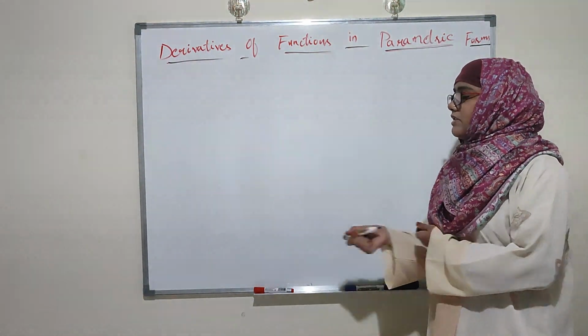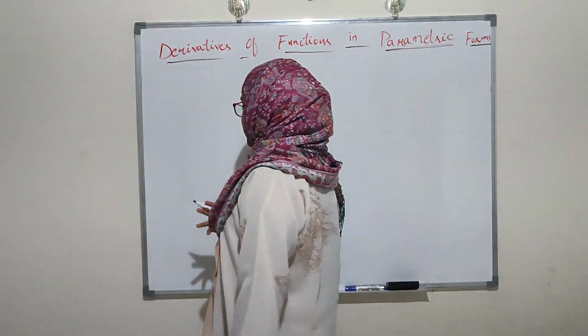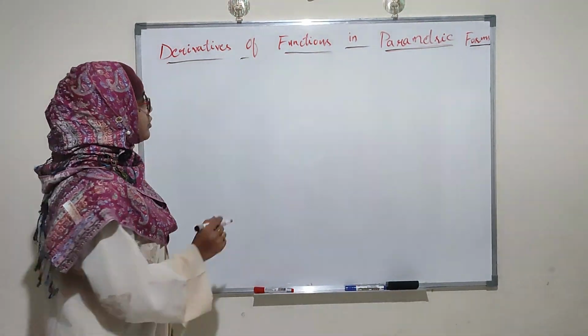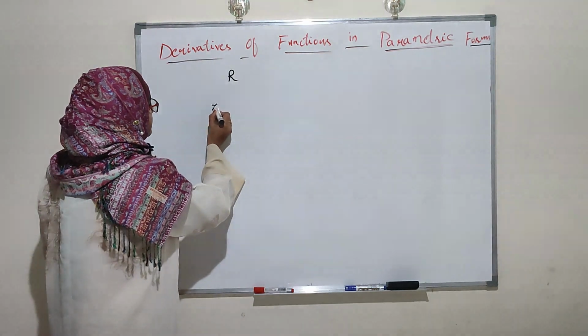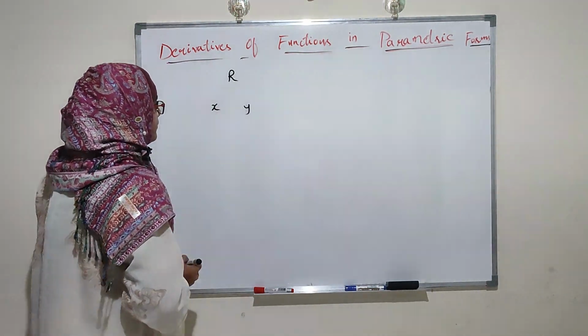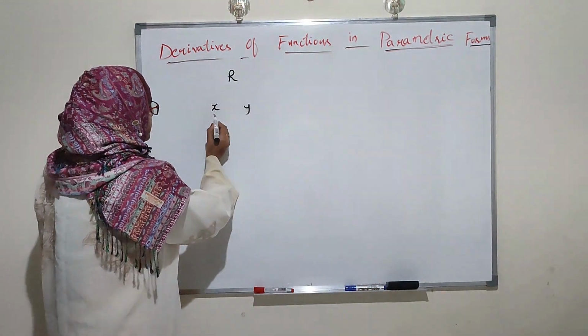Suppose we are having two variables. Parametric form means we are having a relation between two variables, x and y.